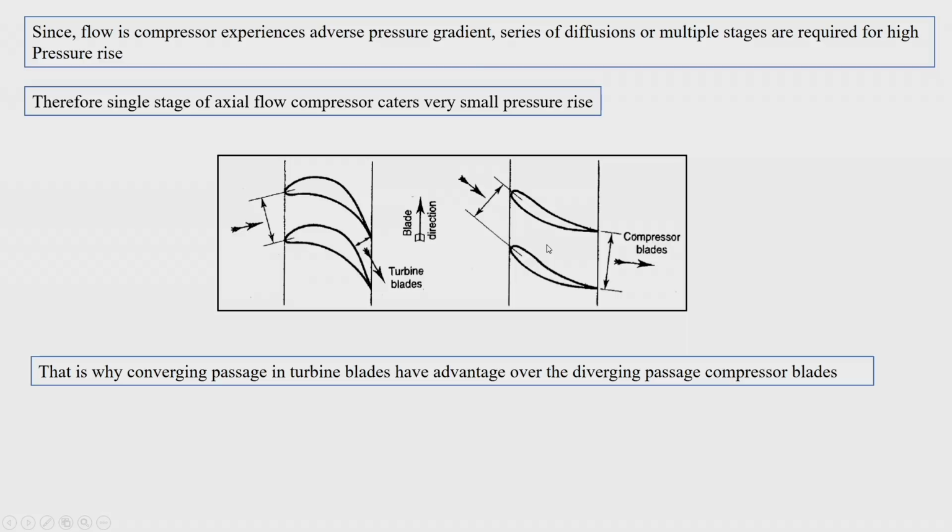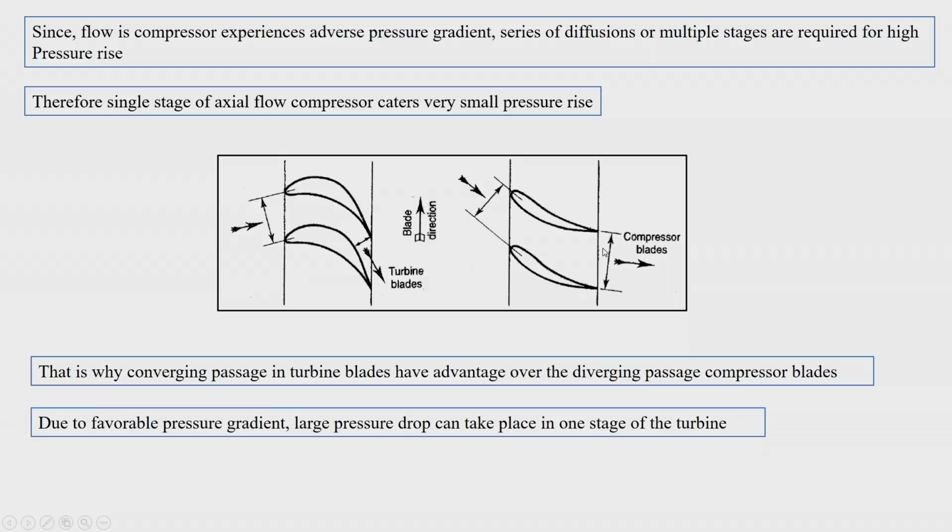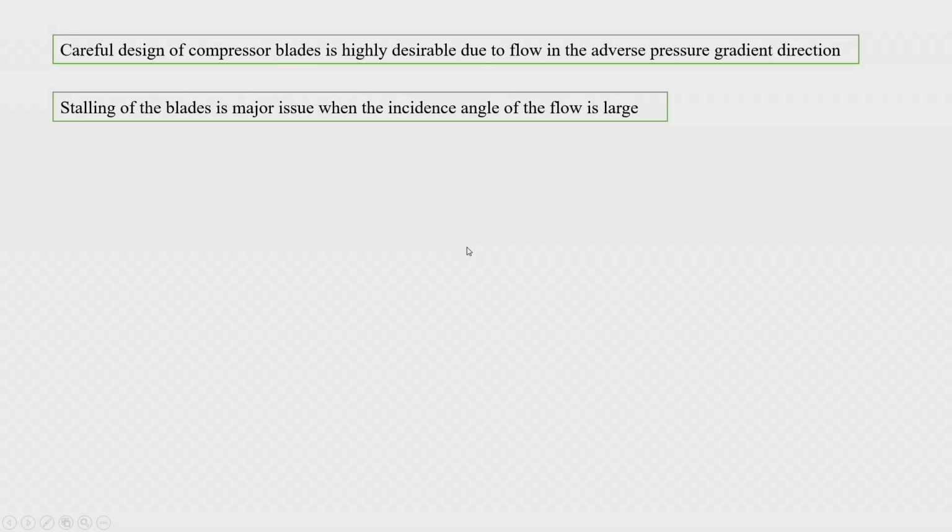Okay. So, accelerating flow is an advantage for the turbine, but decelerating flow is a disadvantage for the compressor. That is why we need a careful design of any compressor, especially an axial compressor, since it is facing an adverse pressure gradient in the direction of flow.